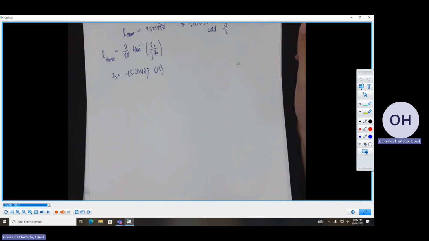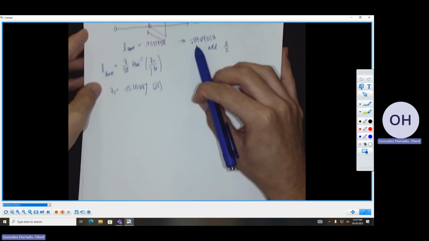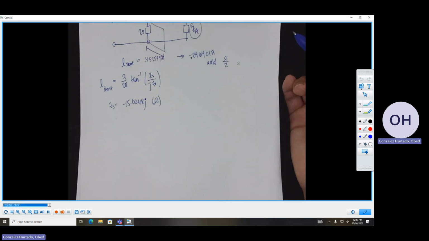What's the value of L short once you subtract n over 2 again? -0.04. Is that a 6? Yes, there's a 6.